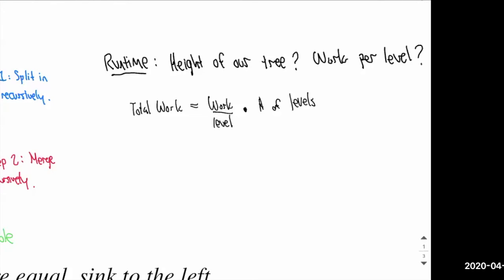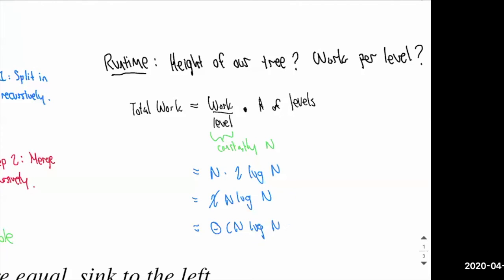Since the work per level is constantly n, plugging in numbers, it is n times the number of levels, 2 log n. This is equal to 2n log n. We drop constants, so asymptotically, this is n log n.